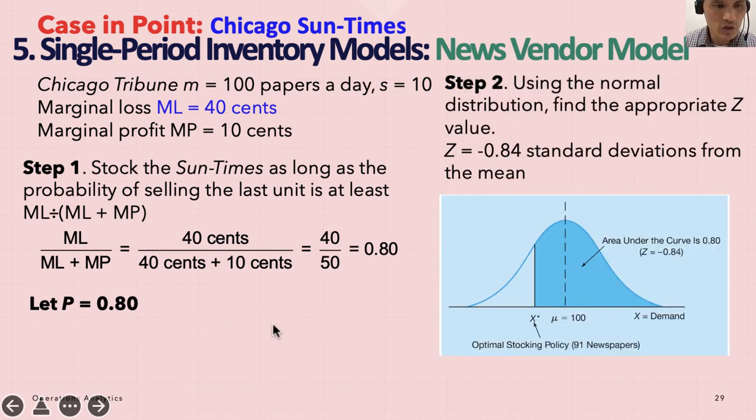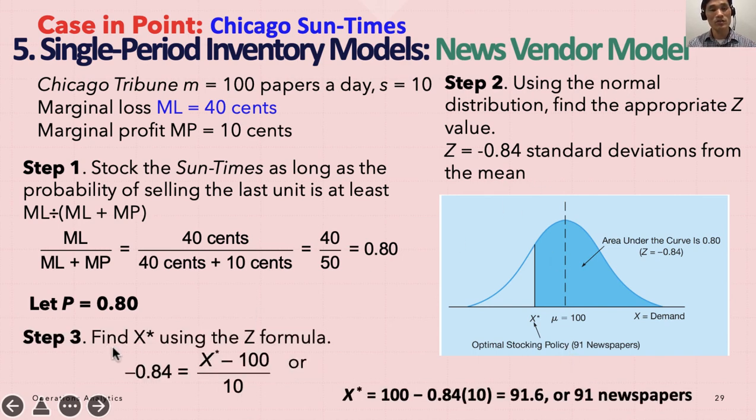And you want to put this 80% on your right tail, and you find that it expands into this left tail too, and you need to find this value. So if you use the formula, then you can find that this z value that corresponds to 80% is negative 0.84, and you plug it into this formula.